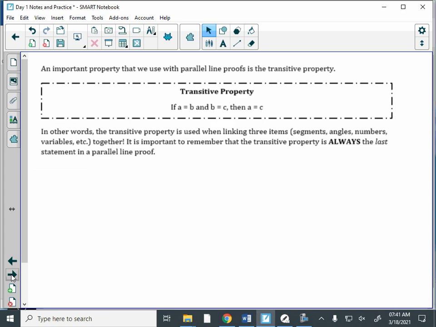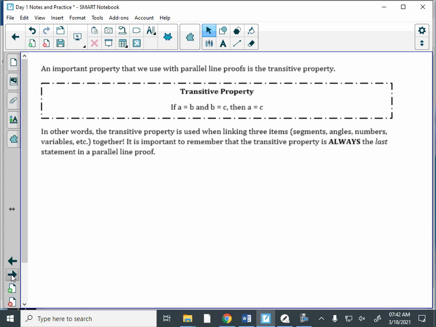And an important property that we are going to use with parallel line proofs, again, there are tons of properties, maybe you talked about them in Algebra 1, maybe in 8th grade, 7th grade math, is called the transitive property. The formal way of stating it is: if A equals B and B equals C, then A is going to equal C. Essentially, what the transitive property does is link three things together.